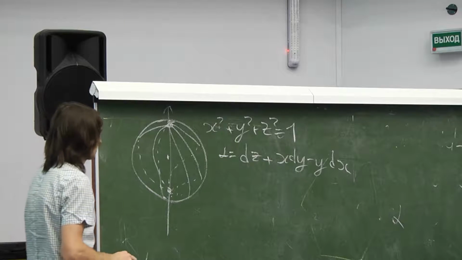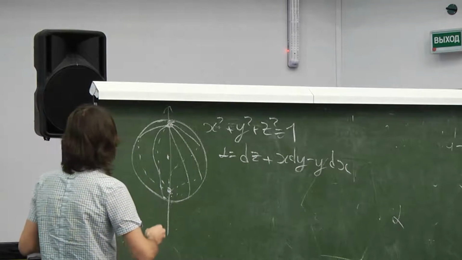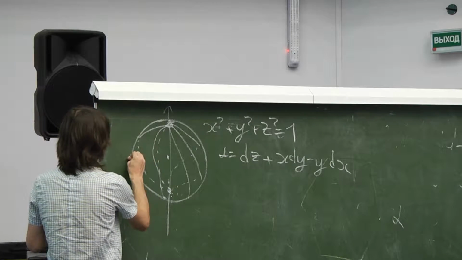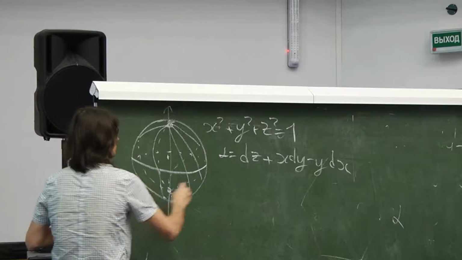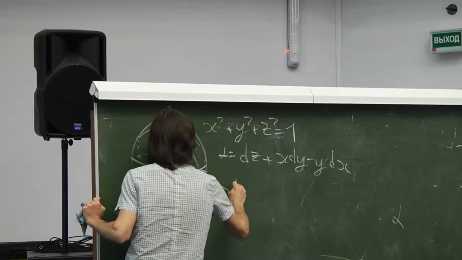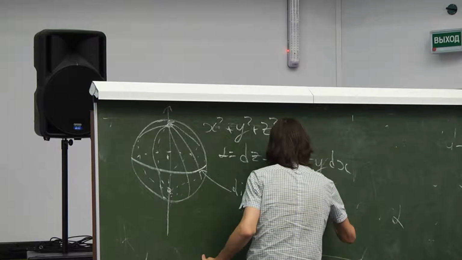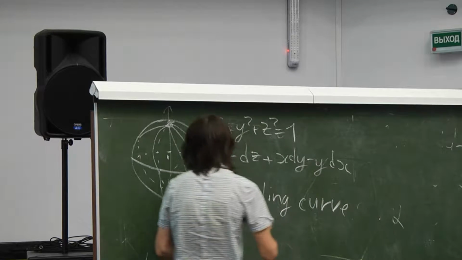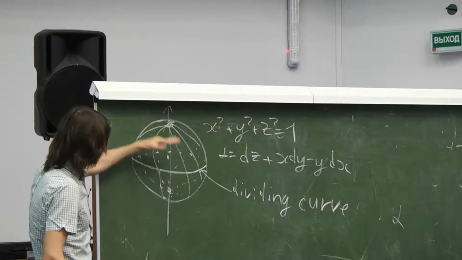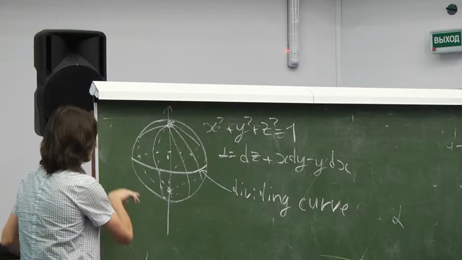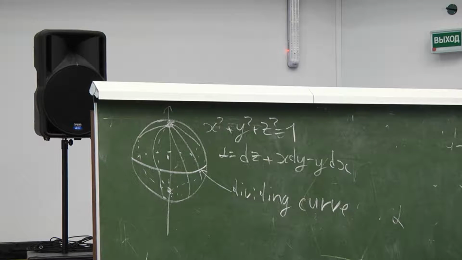And if you take some transverse vector field, then dividing curve will be just an equator. So this curve divides our surface into 2 parts, and this curve is always transverse to foliation.